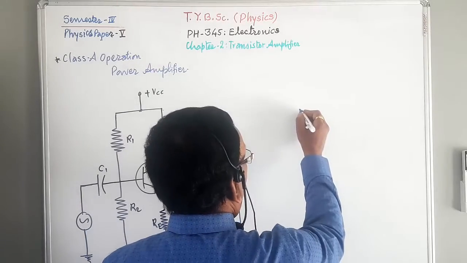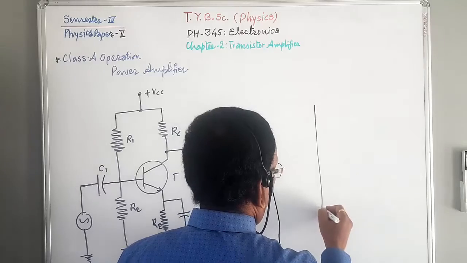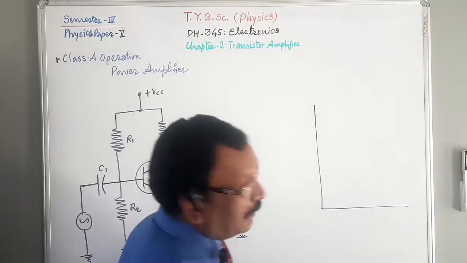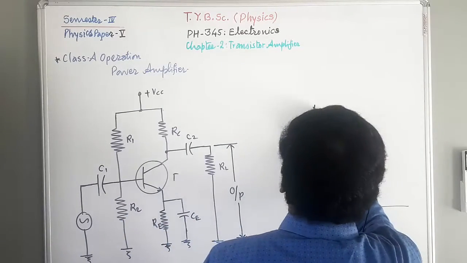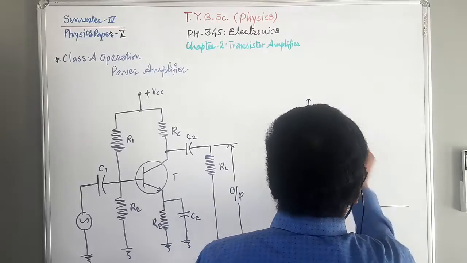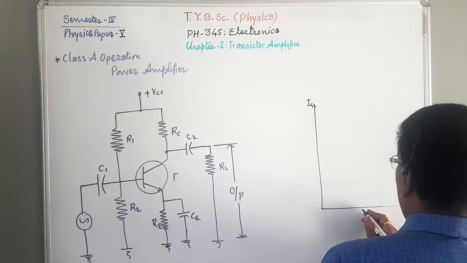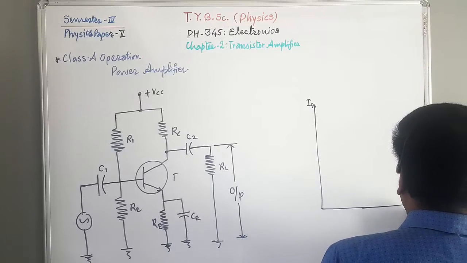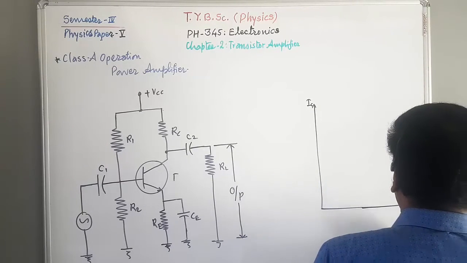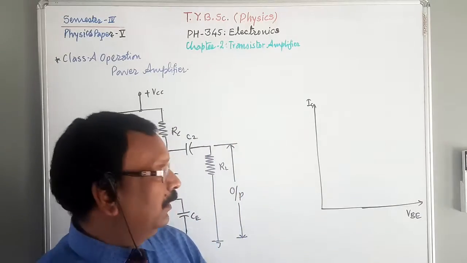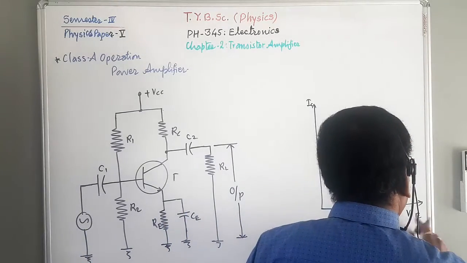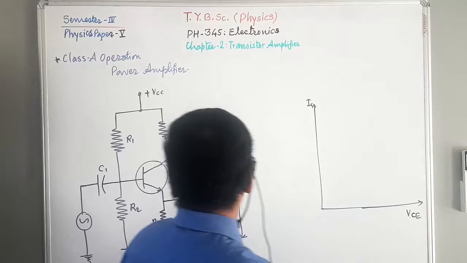Suppose this is the current axis on which collector current is taken, and this is the voltage between collector and emitter, VCE.